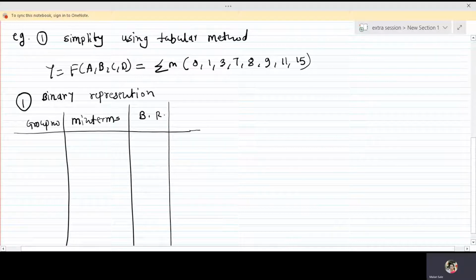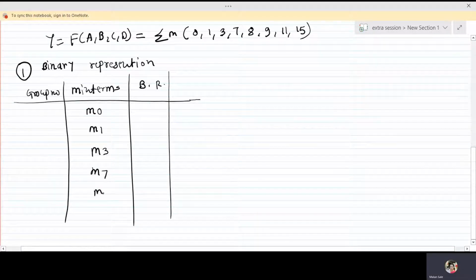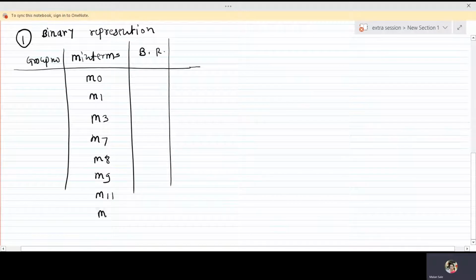Group number 0, minterms are M0, M1, M3, M7, M8, M9, M11, M15.